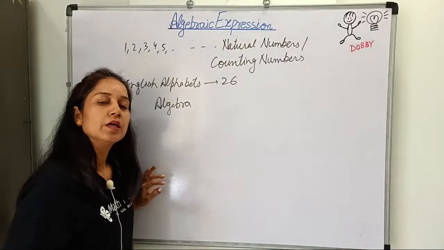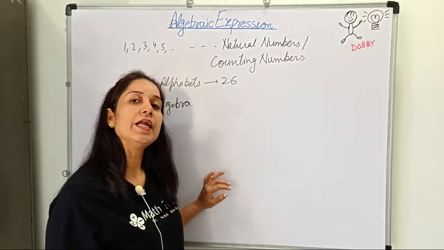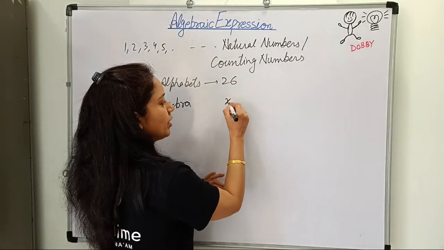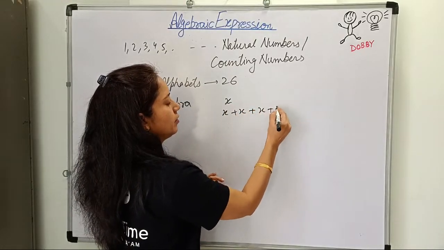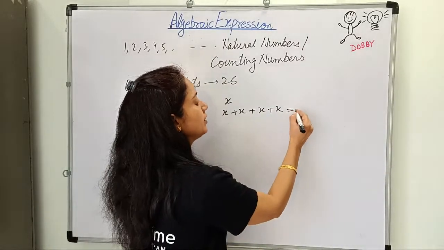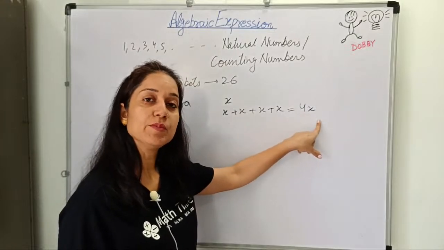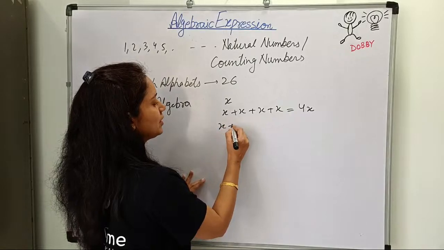Whichever thing we have to find, unknown thing, let that unknown thing be x. Suppose you have 1x, and how many times x is this? 4 times x. That is why it is written as 4x. 4 times x. Times means multiplication.